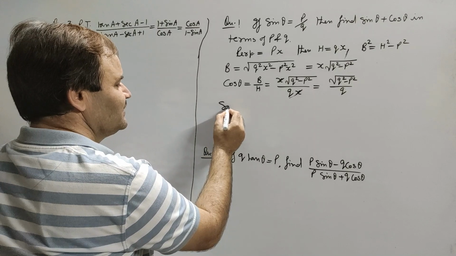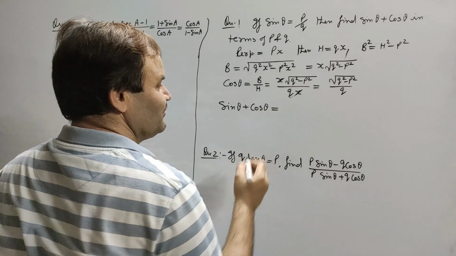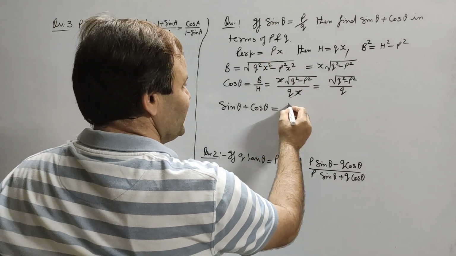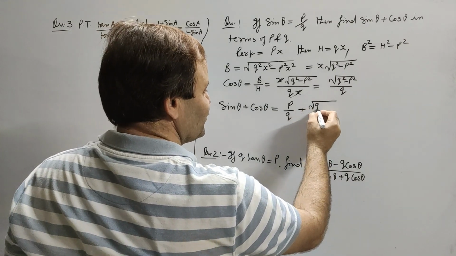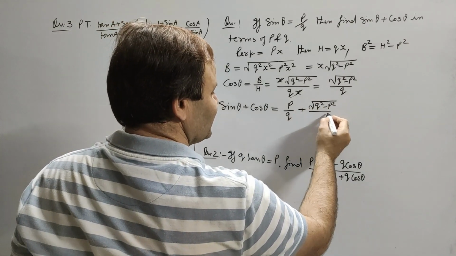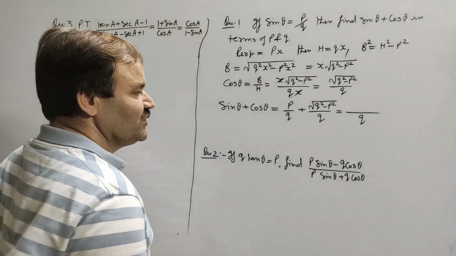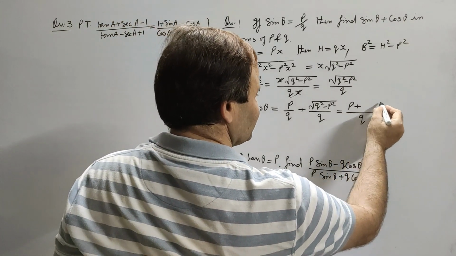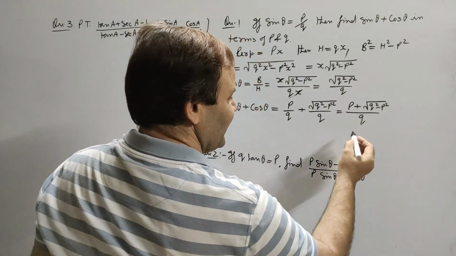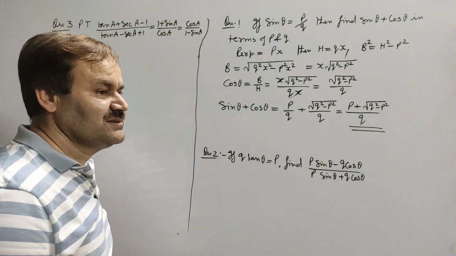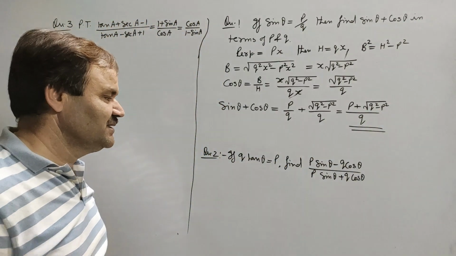So sin theta plus cos theta will be p upon q plus root q square minus p square upon q, and we can take q as LCM to get p plus under root q square minus p square, and this will be the final answer. At the most, q square minus p square can be written as q plus p, q minus p.